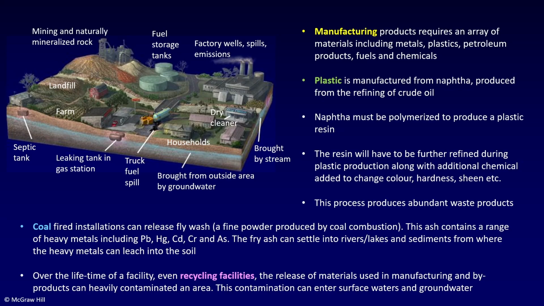So, plastic manufacturing can be extremely polluting. Plastic manufacturing uses something which is referred to as naphtha, and this is produced by the cracking of crude oil. So, it's one of the products that's produced when you process crude oil to get out other chemicals, to get out certain different types of hydrocarbons.